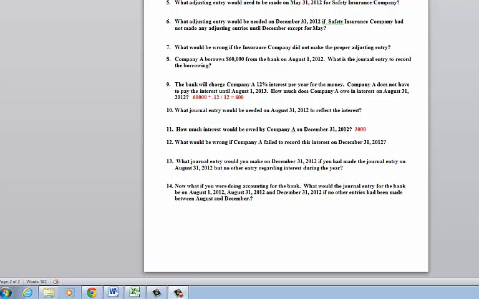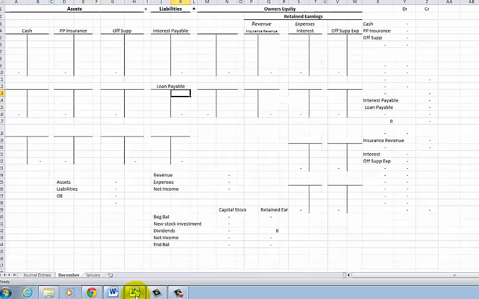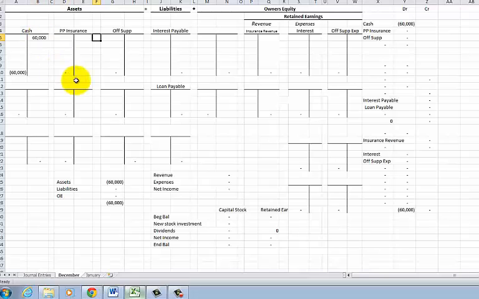What if we're the bank? Now we're the bank making the loan. So we go back to our T accounts and pretend to be the bank. The bank is going to give up $60,000 in cash, and it's going to have an asset called loan receivable. So it was a loan payable for the borrower.